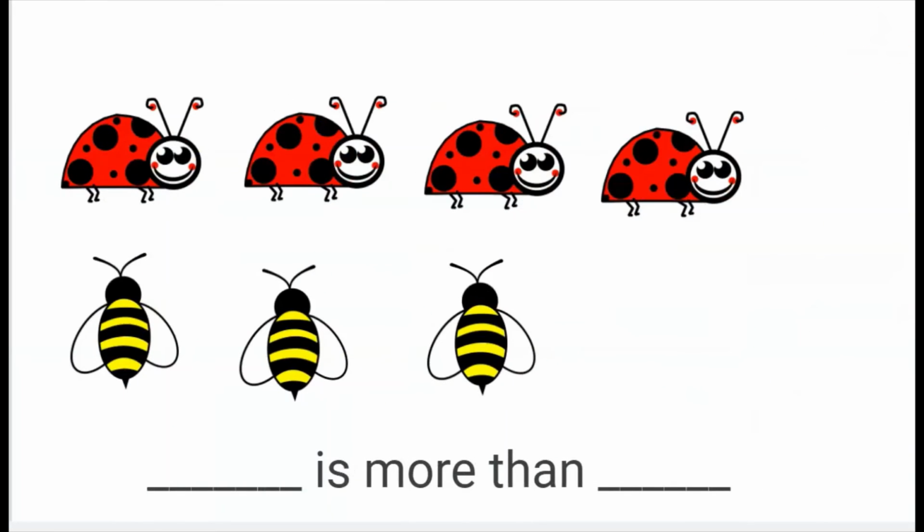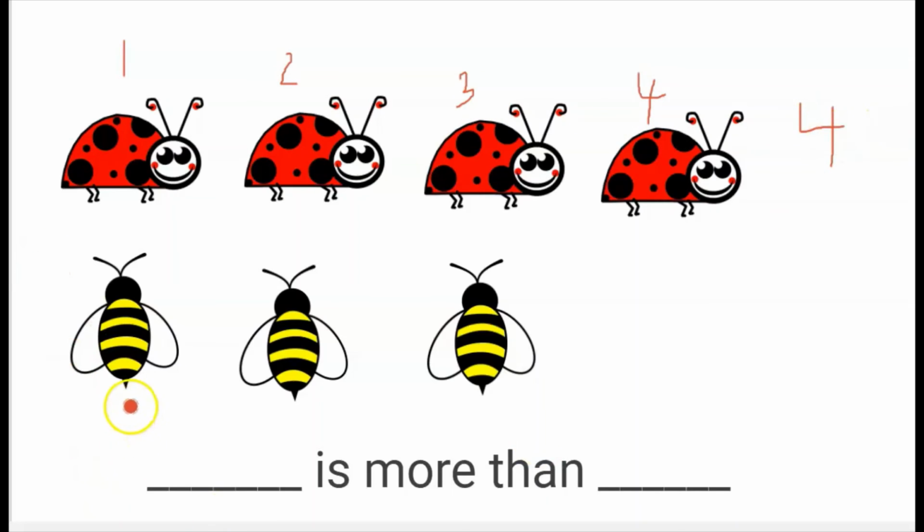Let's switch to objects. Your teacher's going to pause the video and you are going to count the ladybugs, count the bees, and then decide what number is more. All right, let's count the ladybugs. 1, 2, 3, 4. There are 4 ladybugs.